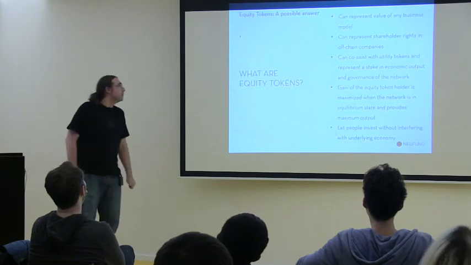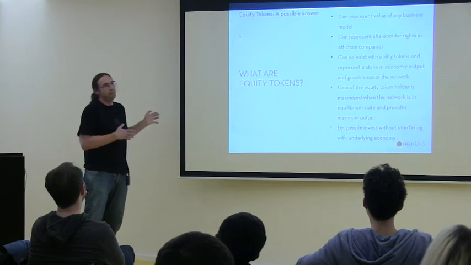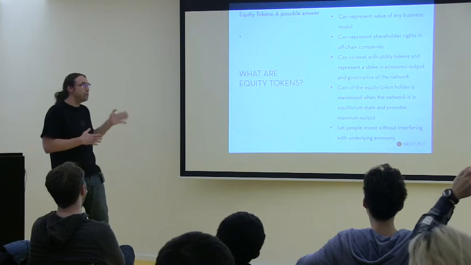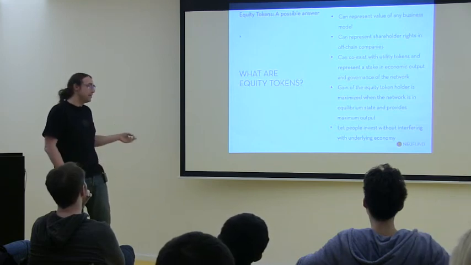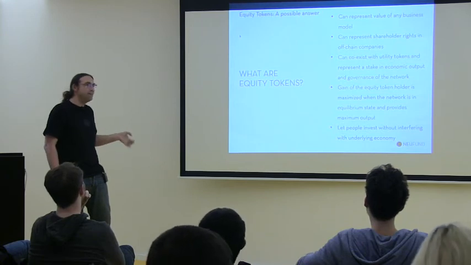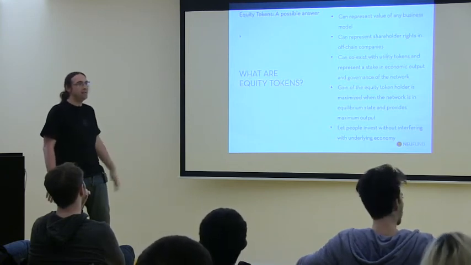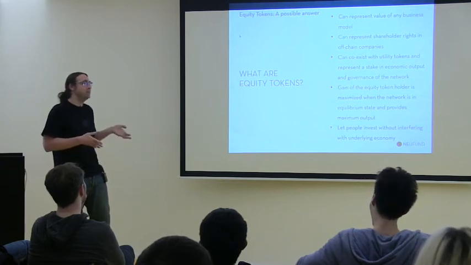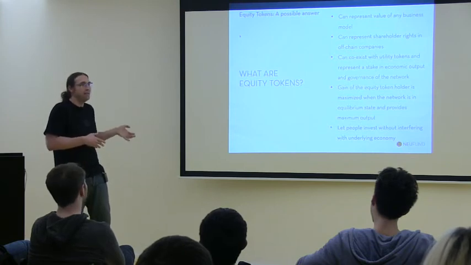Okay, so we went with, I think, the simplest possible solution, looking at how humanity is dealing with this problem off-chain. There is this very interesting invention of equity. Equity is a sharing of business and can represent any kind of business model. Maybe it has a bad opinion right now because there are a lot of greedy corporations and so on.